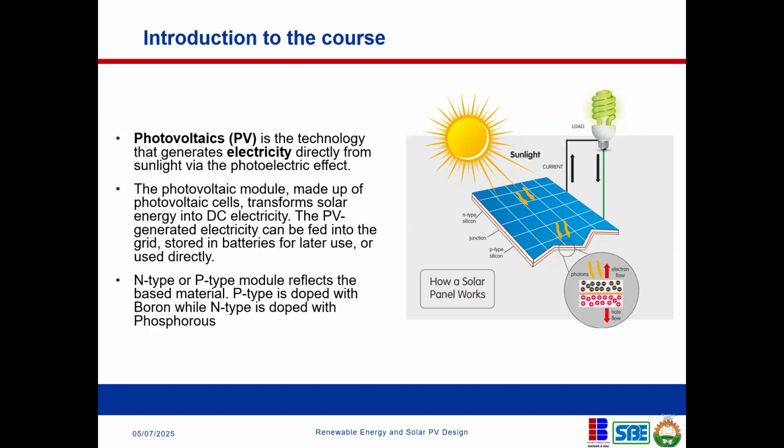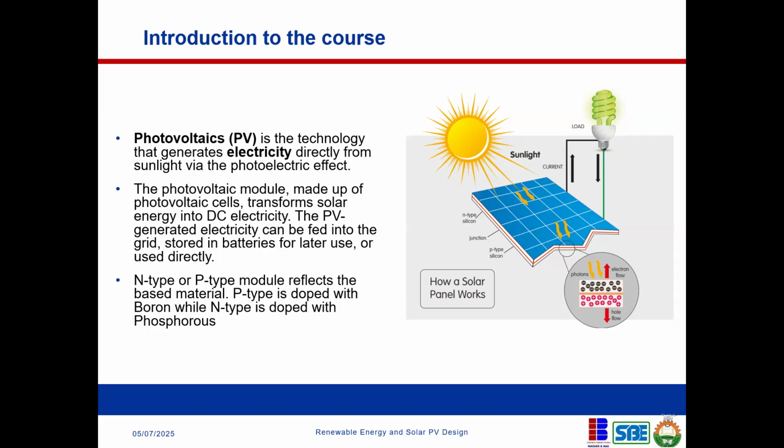There are two kinds of current: direct current, and AC current, which is alternating current. What we mostly use in our buildings, industries, and offices is basically the AC current. But the PV system actually generates a DC current.